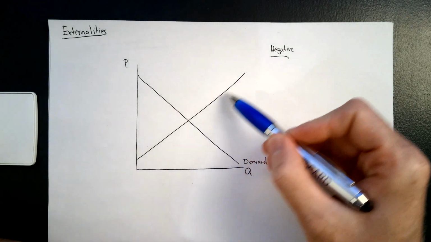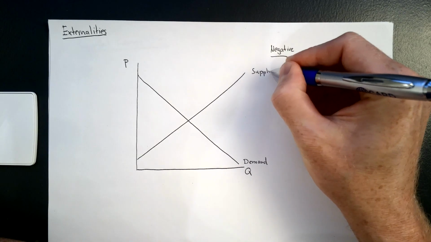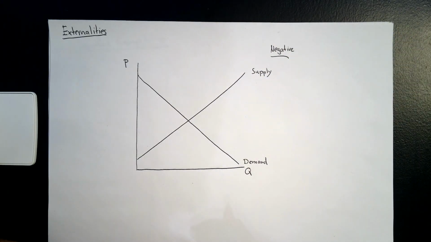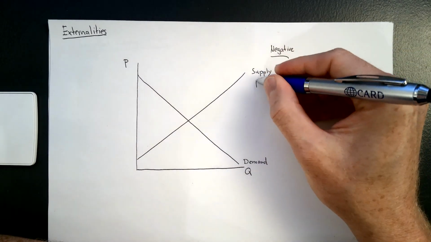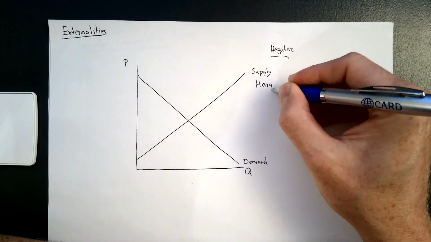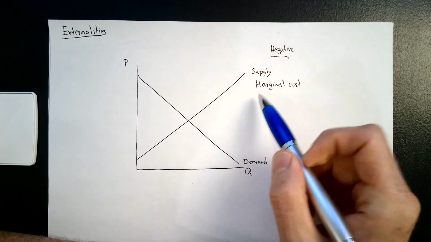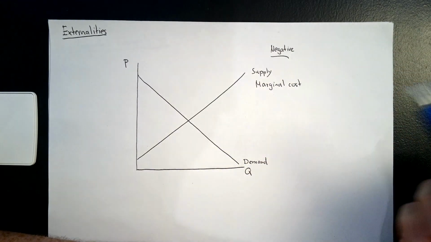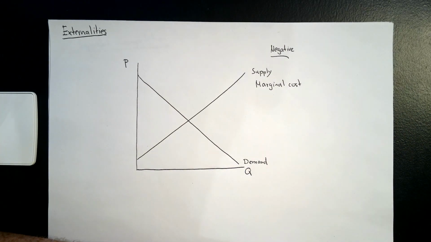Previously, we have called this the supply function, which it still is, but we can actually show that this is equal to what is called the marginal cost function of the firm. Right. Marginal cost means the additional cost it requires to produce one more unit.